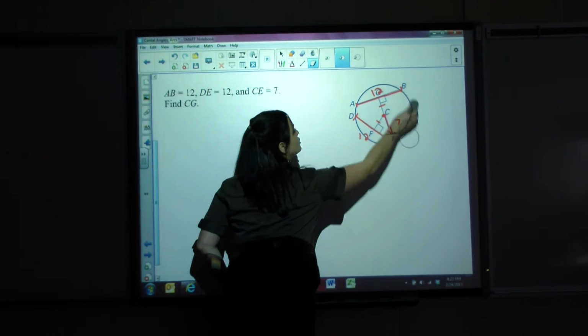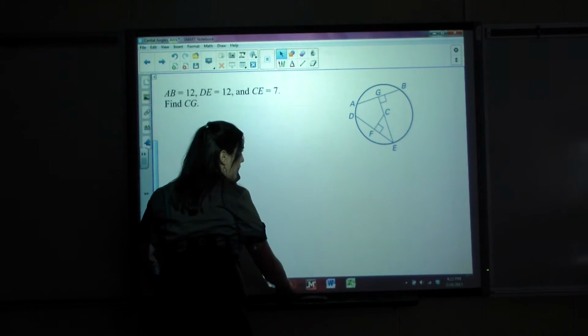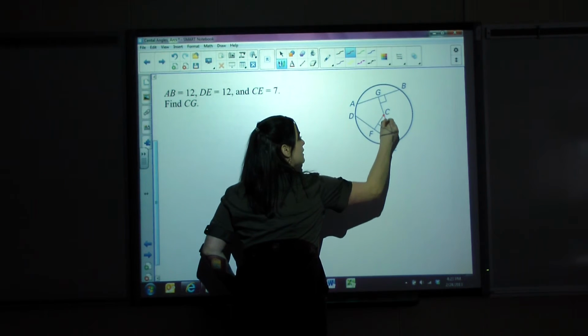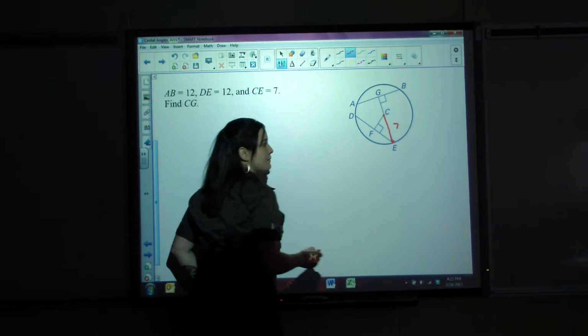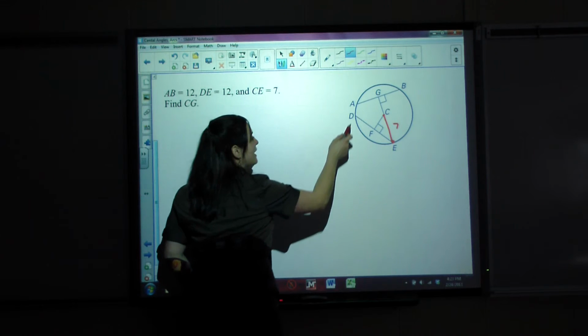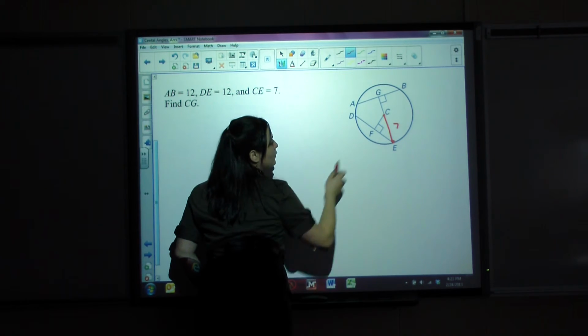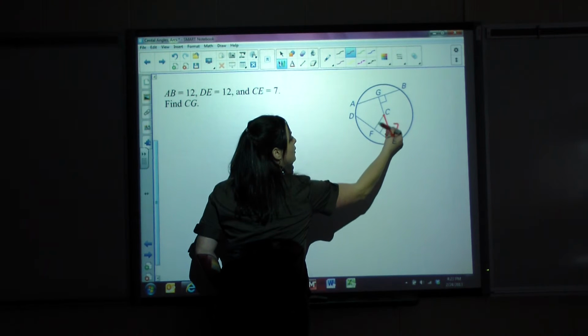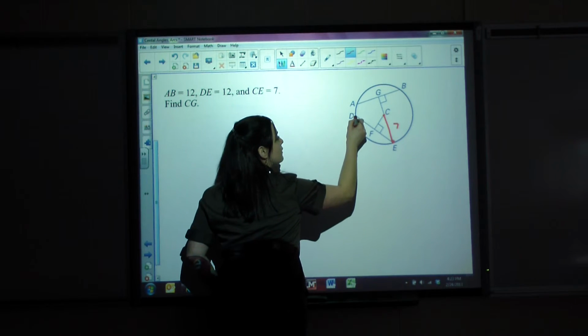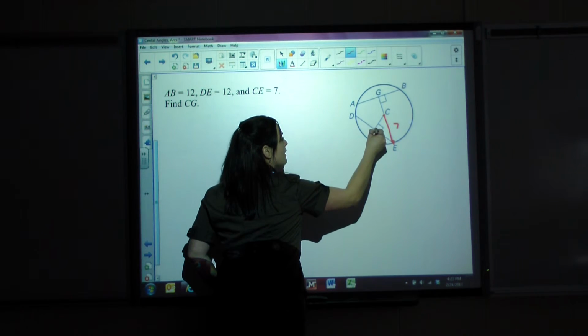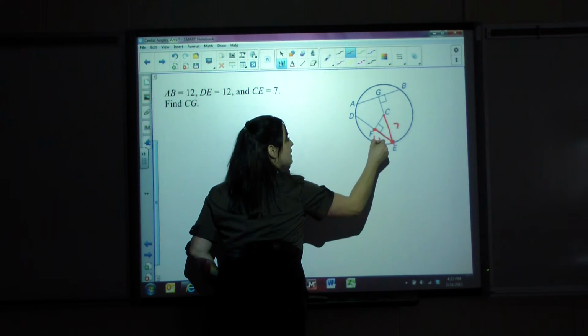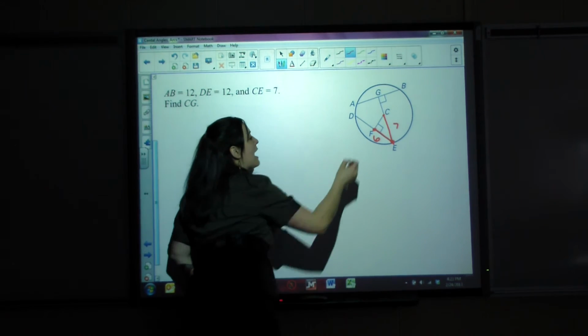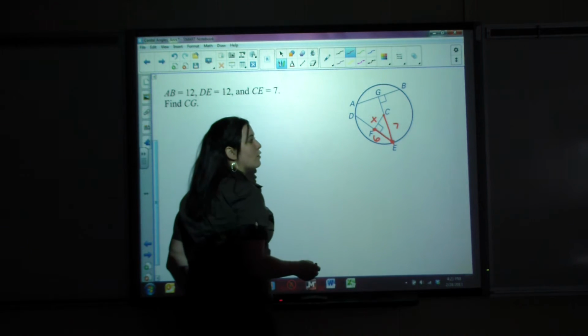Let's focus this just a little bit. What I notice is that from here to here we have 7. From D to E was 12, but if we think back to our theorems, if this is perpendicular, it's going to split in 2 equal halves. So if this whole distance is 12, from here to here is going to be 6. And then this one is unknown.